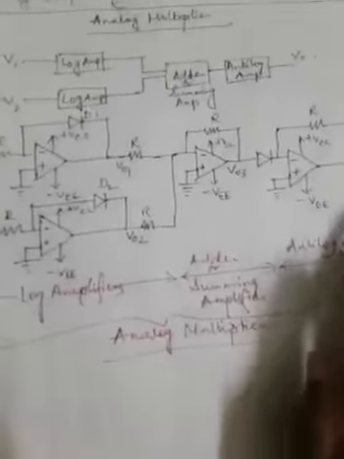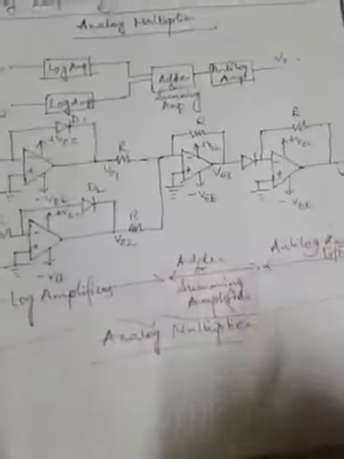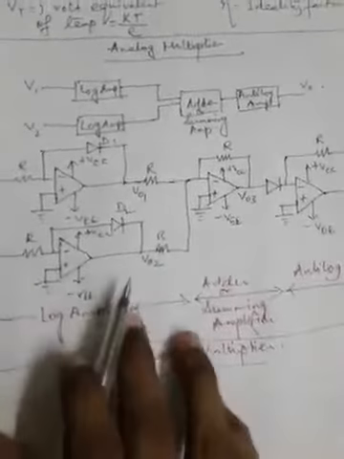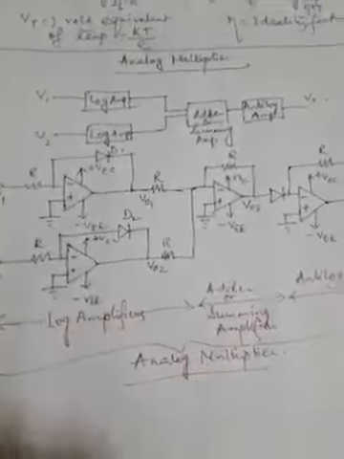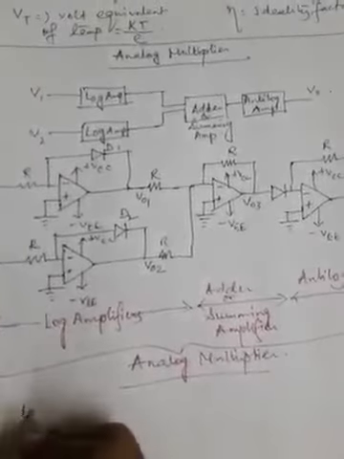Now let us find the transfer equation for the final VO for this whole analog multiplier. Let us start from the first part, the log amplifiers. What should be the transfer equation for a log amplifier?